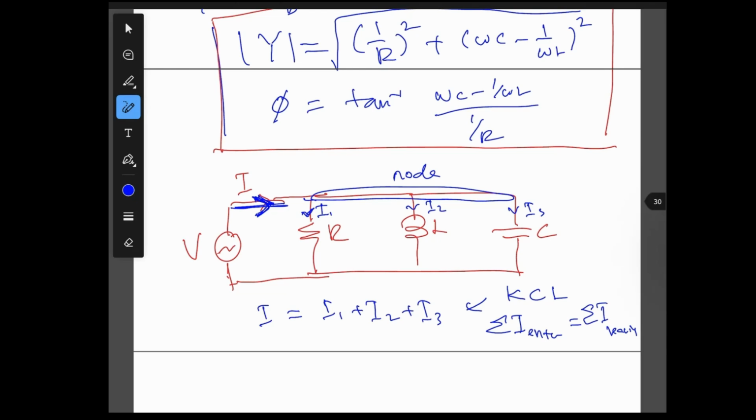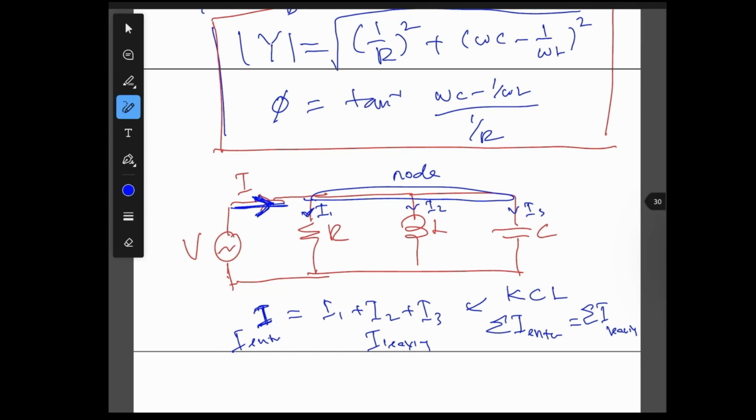This is I entering and these are the currents leaving.